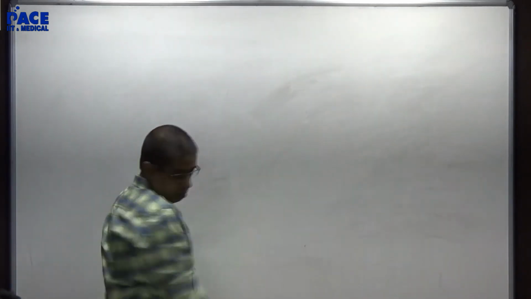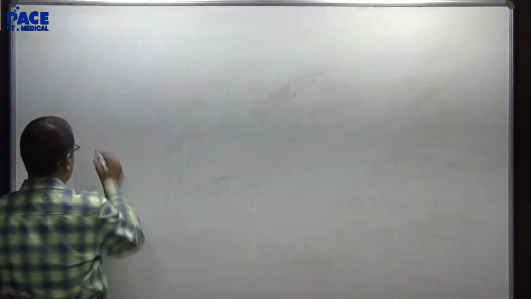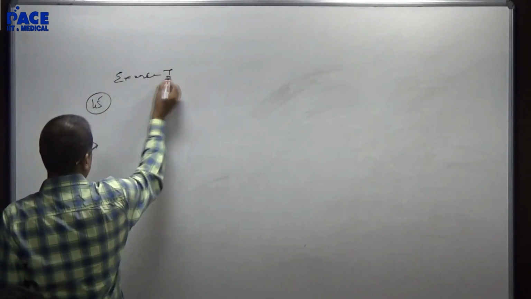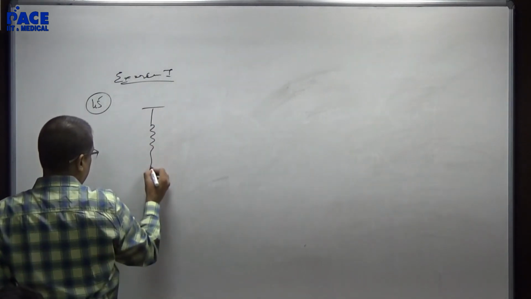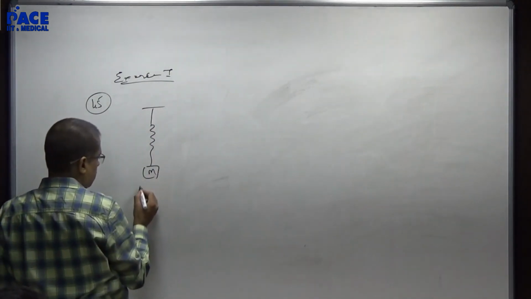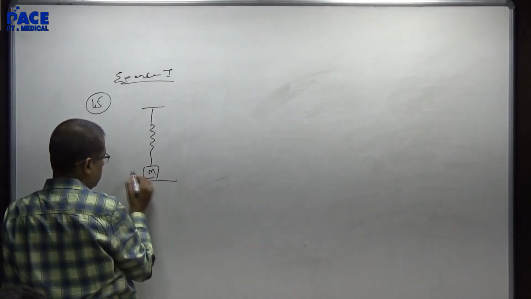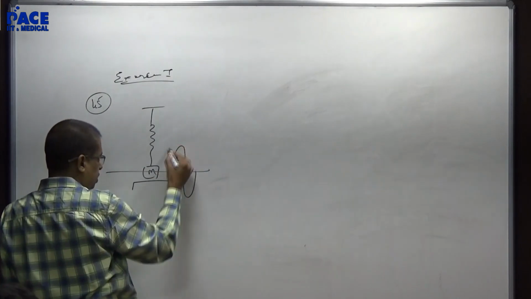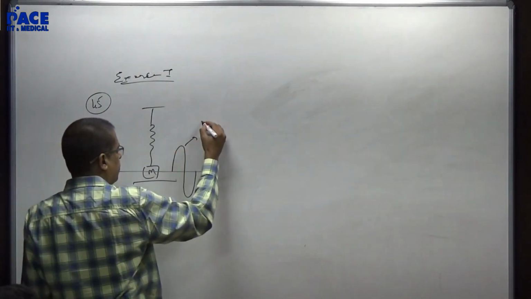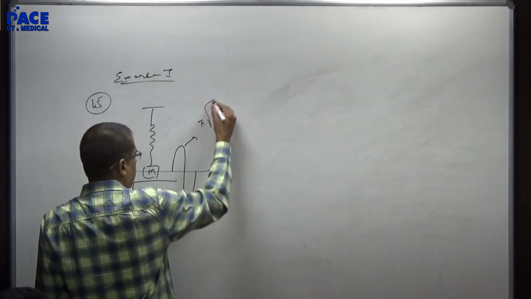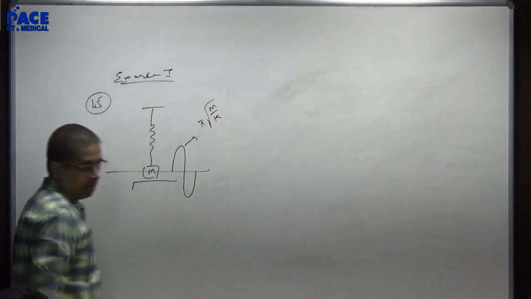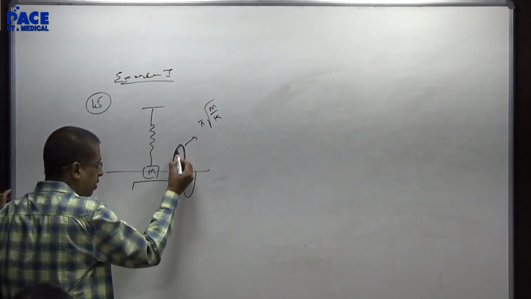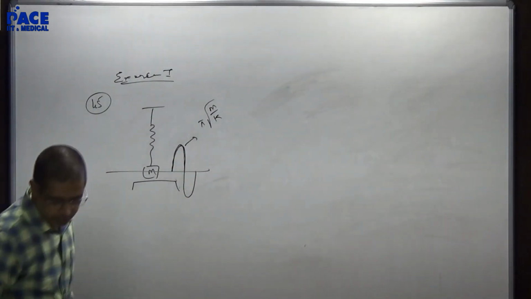Sir, exercise 5, question 70. One second, wait. 45th. Exercise 1, 45th. You have a time period for this. Now, you kept this. This is the natural length. So it will go up, come down. For this part of the journey, time period will be pi under root m by k. For the upper part of the journey, time period will be pi under root m by k.